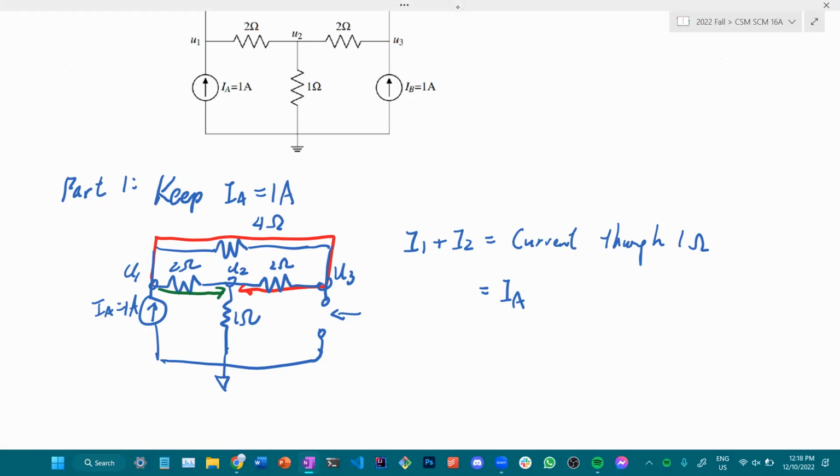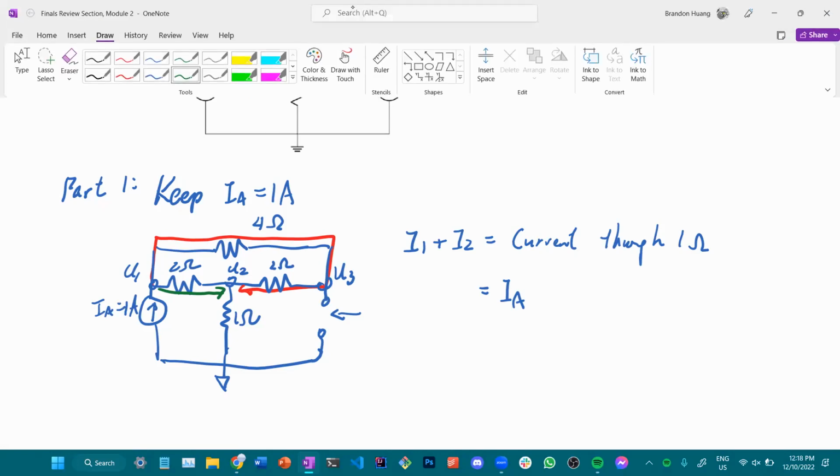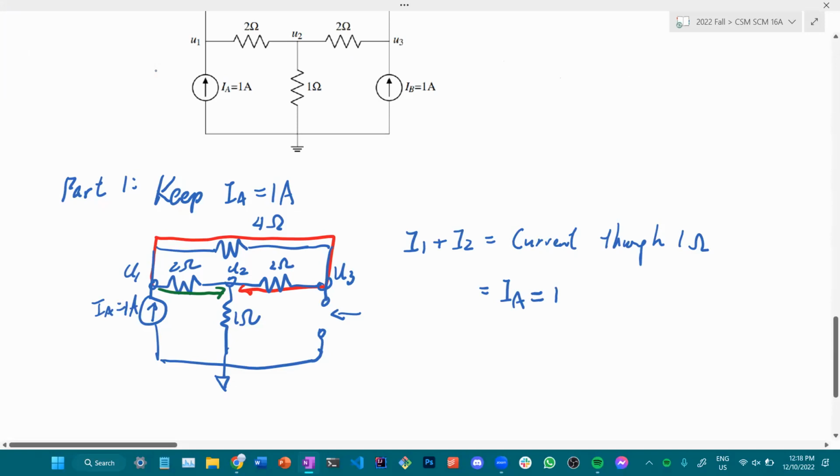As notated by the current source, IA equals 1A. So in that way, I know that U2 minus 0 is equal to 1A times 1 ohm, which is equal to 1 volt. That is pretty convenient, because now we know U2, we can also deal with U1 and U3. So for now, let's first deal with U1.